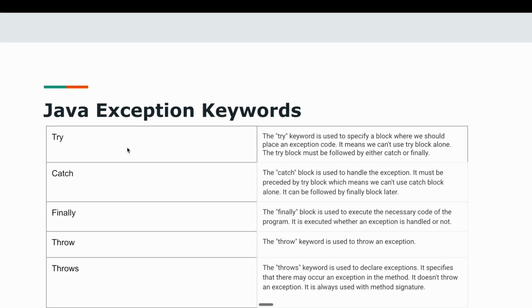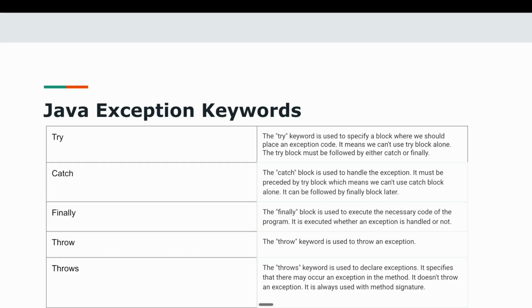And then finally is another block that is used to execute the necessary code of the program. So let's say there is a piece of code that you want to be executed whether the exception happens or not. If the exception happens, then also it should get executed. If it does not happen, then also it should get executed. So those types of code we generally write in the finally block.